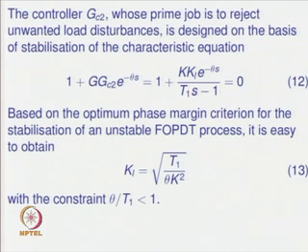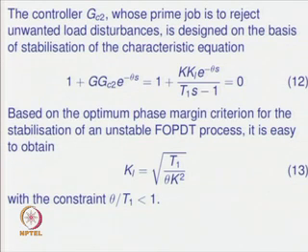Please keep in mind that in the numerator of this expression you have K L, not K I. 1 plus K L e to the power minus theta s upon T1 s minus 1 is equal to 0. Now, based on the optimum phase margin criterion, how can you use it here?